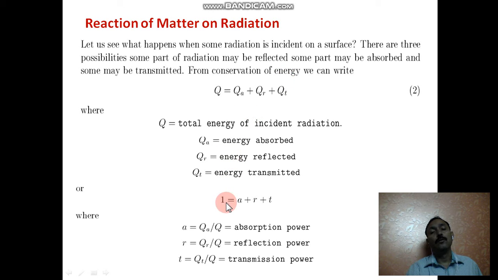So we can write 1 is equal to A plus R plus T. If you divide this equation by Q, then this is 1 equals QA by Q plus QR by Q plus QT by Q. So QA by Q is A, known as absorptive power. R is QR by Q, known as reflective power or reflection power. T is QT by Q, transmittive power or transmission power.